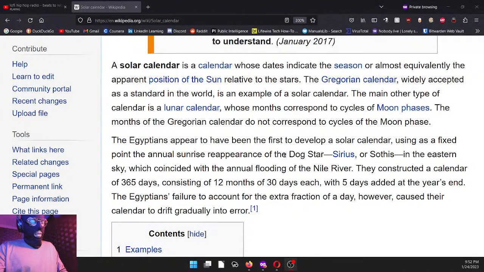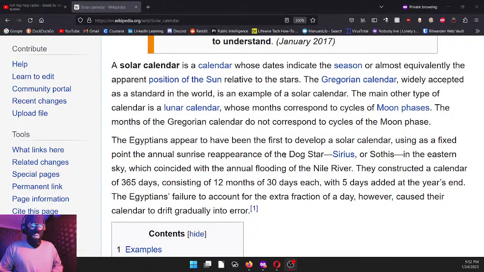The Egyptians appear to have been the first to develop a solar calendar, using a fixed point: the annual sunrise reappearance of the dog star Sirius, or Sothis, in the eastern sky, which coincided with the annual flooding of the Nile River.